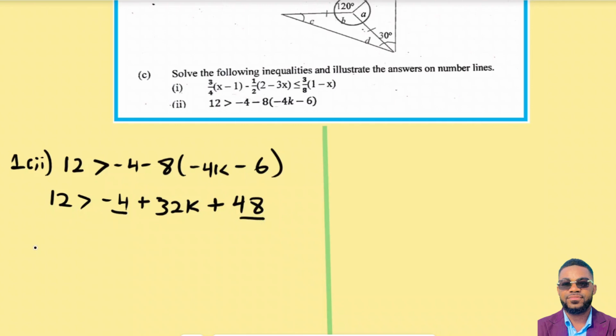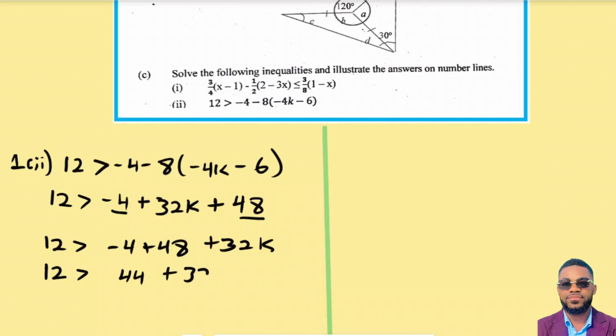So at this point, we can collect like terms because -4 and 48, they are like terms. So that's going to be 12 greater than -4 plus 48 plus 32k. Which can be simplified to 12 greater than -4 plus 48, that's going to be 44, plus 32k. So what do we do next? We want to make k the subject.